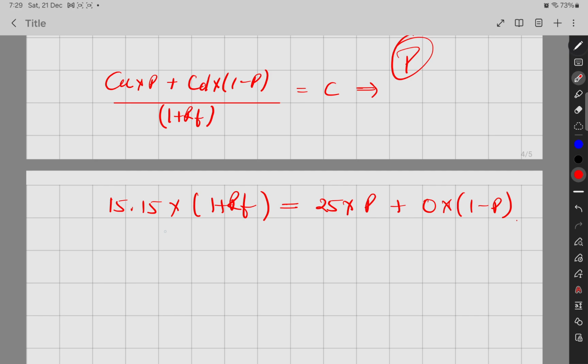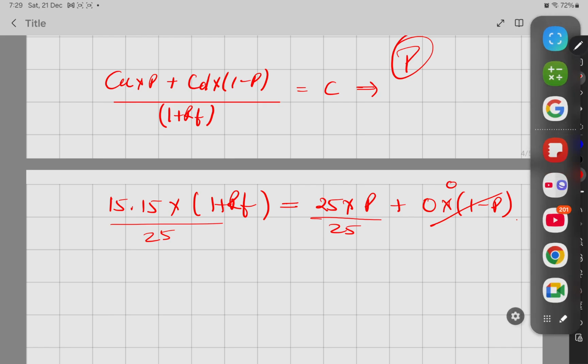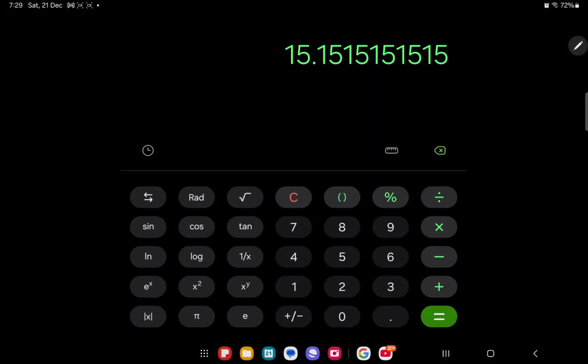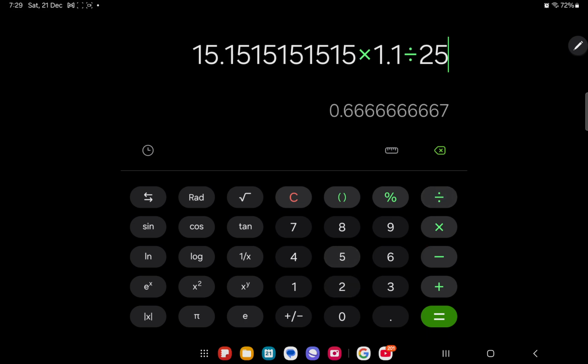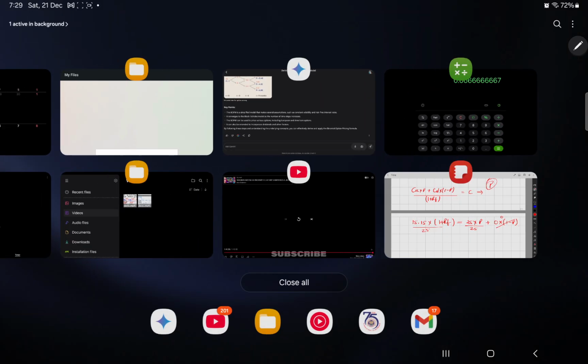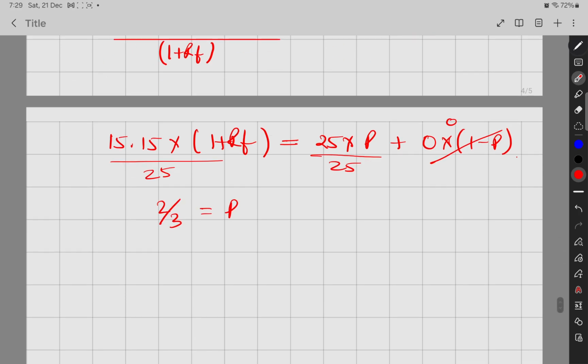If we divide everything by 25, we should be fine. So you get 15.15 times 1.1 divided by 25, that's 0.67, which is a 2/3 probability of it moving upwards.